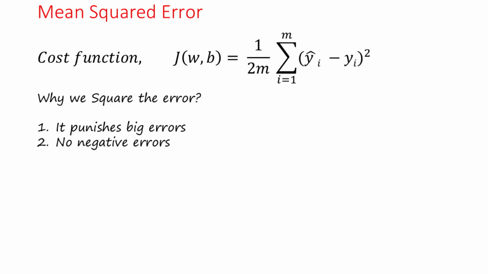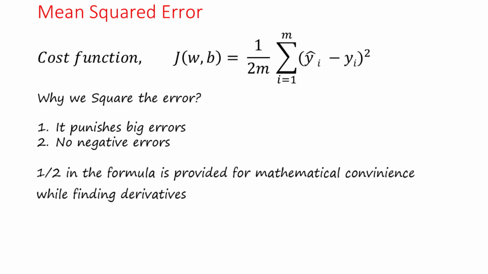And reason number 2 is no negative errors. Squaring automatically handles the positive-negative issue. And that sneaky 1/2 in the formula, it is not just there for fun, it is for mathematical convenience. When we dive into the derivatives in the next spicy chapter, you will thank it for making life easier.